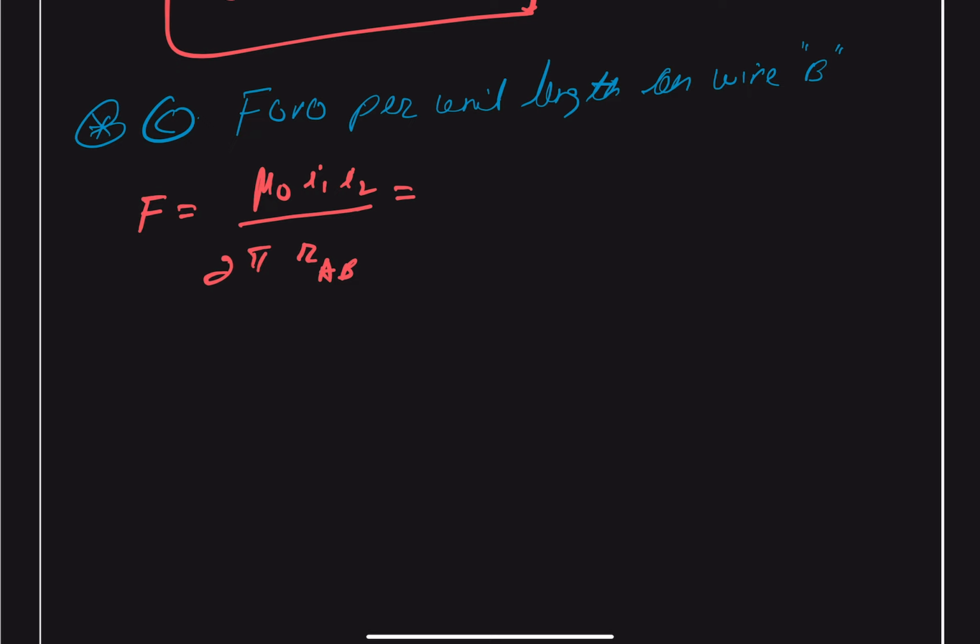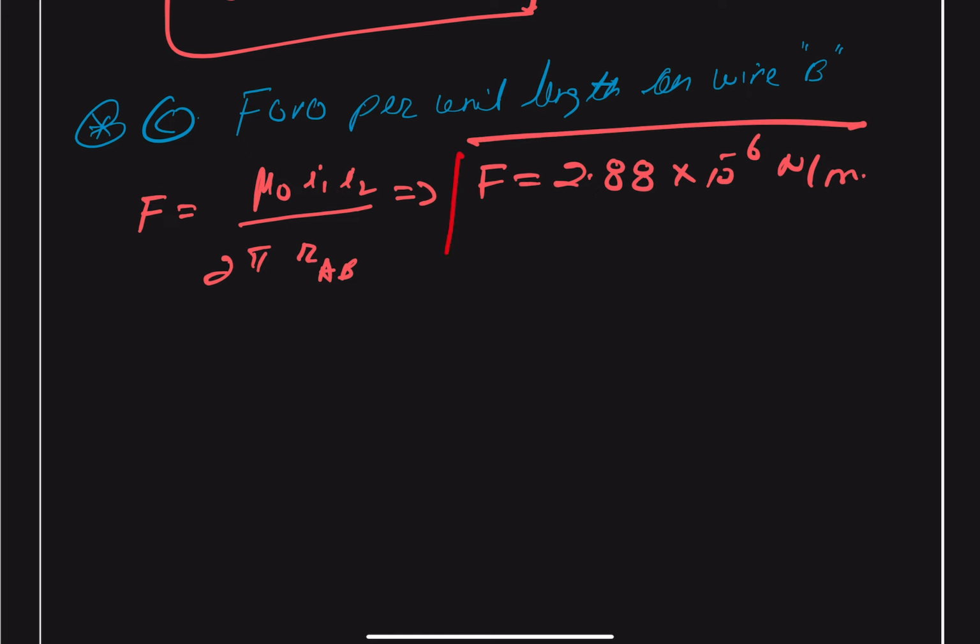And we simply substitute the values. We get that F will be equal to 2.88 into 10 to the power minus 6 Newton per meter. So this was the question.